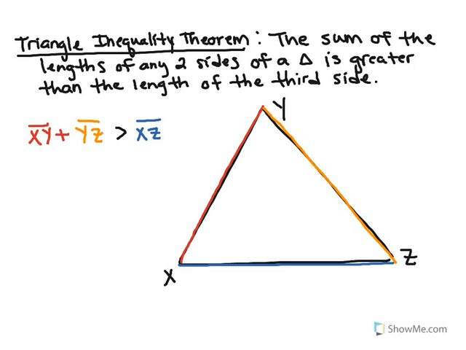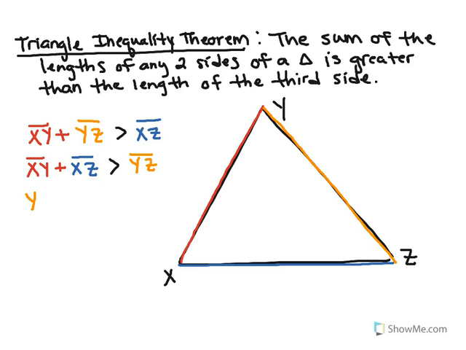Okay, let's take two different sides. Let's try XY again, and this time add that to XZ. And the same exact rule applies. The sum of those two lengths is going to be greater than segment YZ. Well, what about the other two pairs?